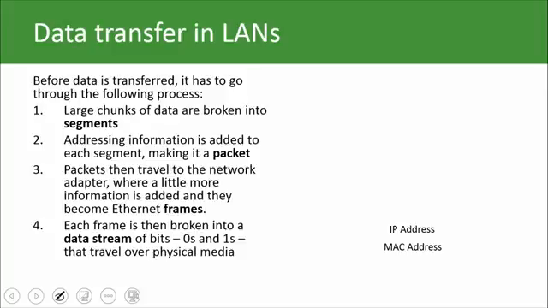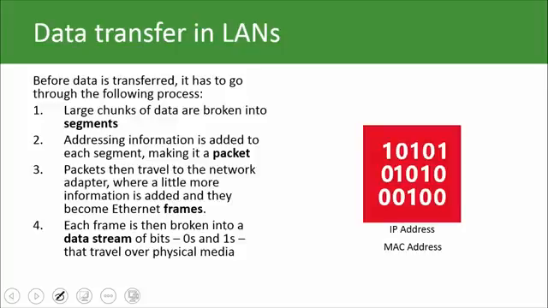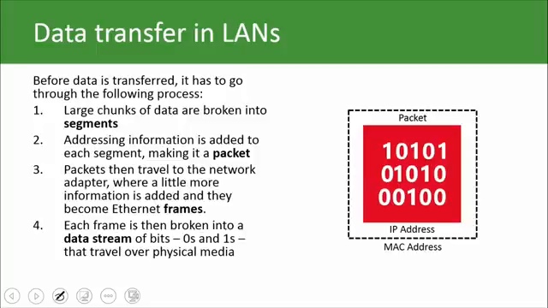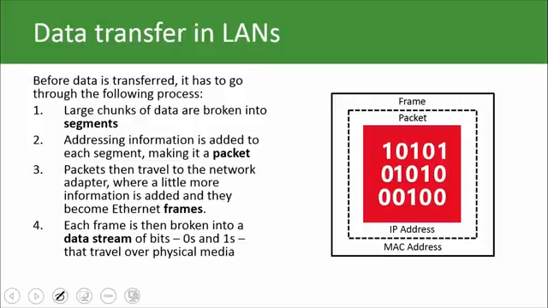So before data is transferred, it actually goes through this really interesting process, right? We break large chunks of data into things called segments, okay? Addressing information is then wrapped around that segment, and we call it a packet. From there, we add a little bit more information in order to make it something called a frame.